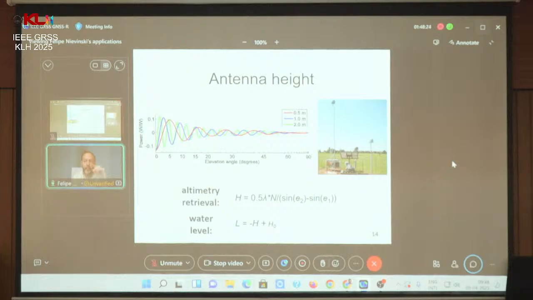And if you have the antenna altitude, for example an ellipsoidal height or an orthometric height, you can get the sea surface altitude, ellipsoidal or orthometric height, just with the sum of the antenna height, which is constant, and the apparent reflector height.